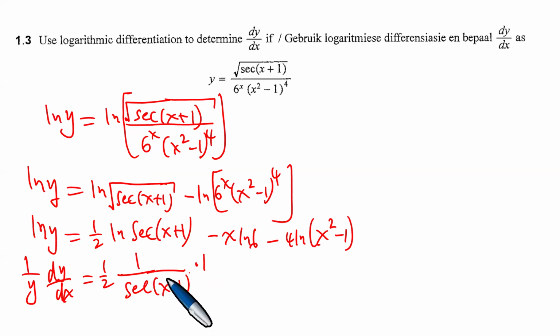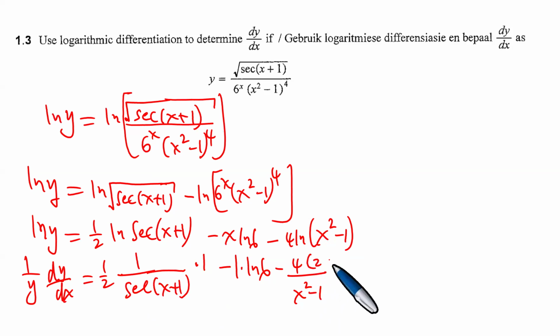The derivative of the interior is 1. Now the derivative of the x is 1 by ln 6, because x is the only variable and ln 6 is a constant. Over x squared minus 1, the derivative of x squared minus 1 becomes 2x.